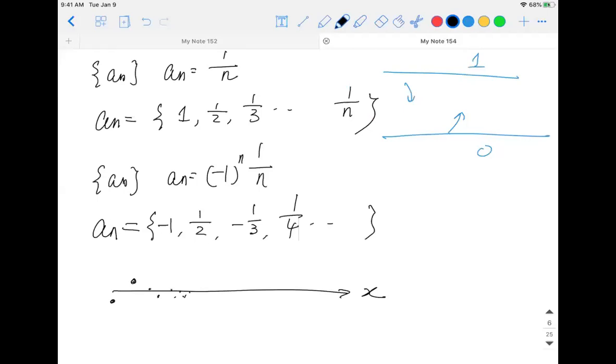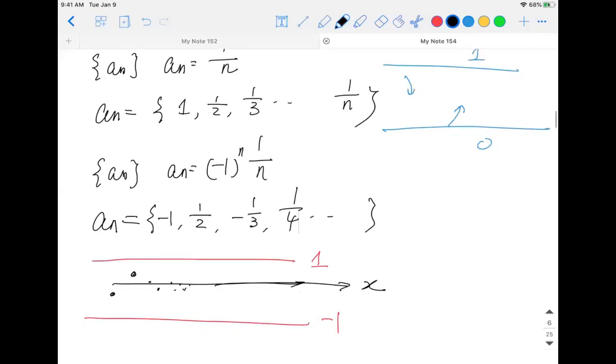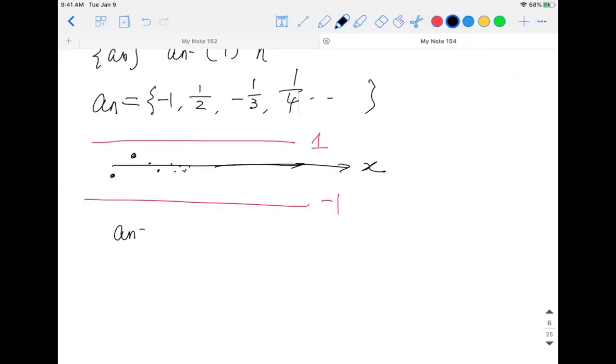They're up and down, and all the way very close to 0. For this sequence, you can see, let's say 1, positive 1, they are fluctuating back and forth between these two boundaries, so this is also considered a bounded sequence. Same thing applies if a_n equals sine n.